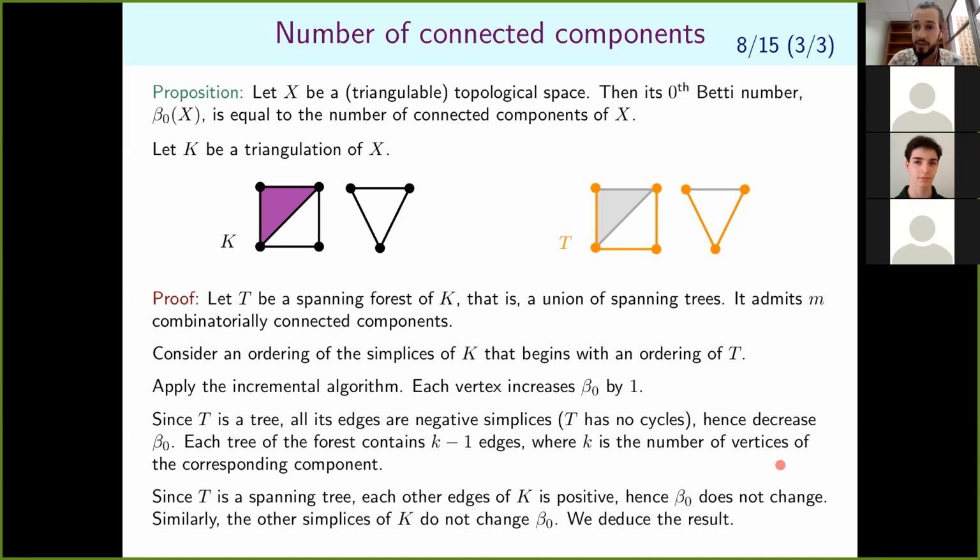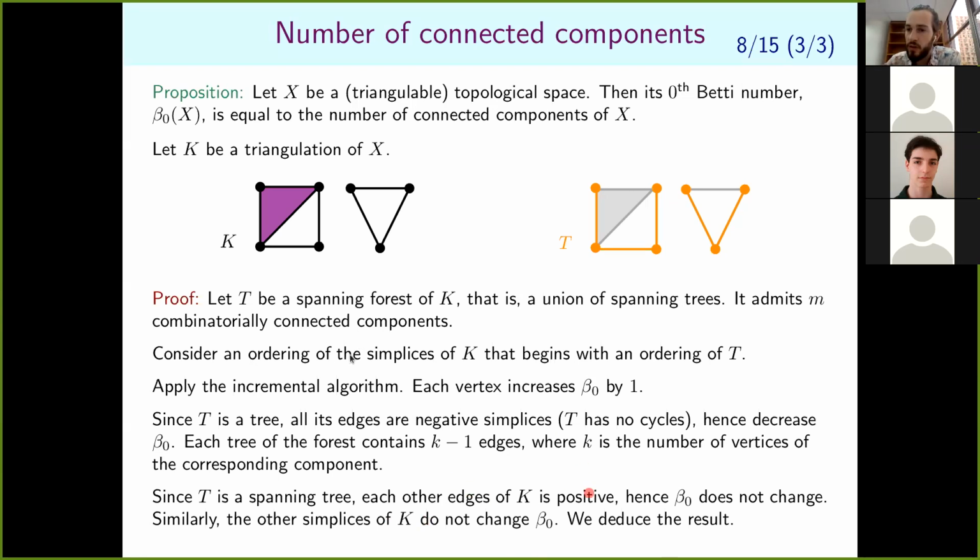Then we have to add the other edges and the other simplices. And you can show that all the edges that are not in the spanning trees are positive. This is because a spanning tree is in some sense maximal. And if you add an edge, then you create a cycle.